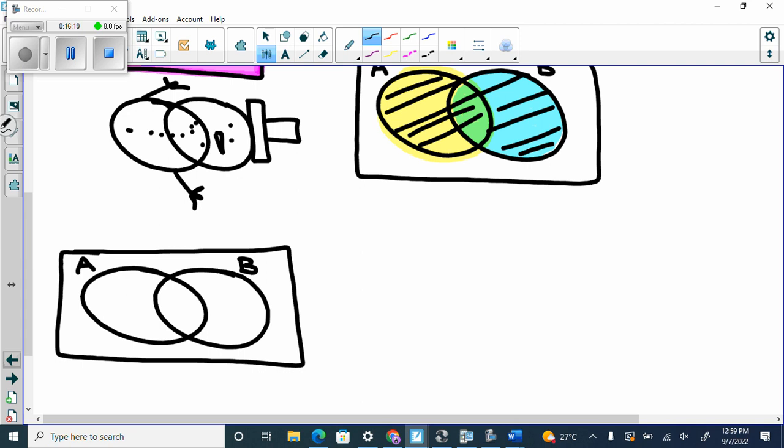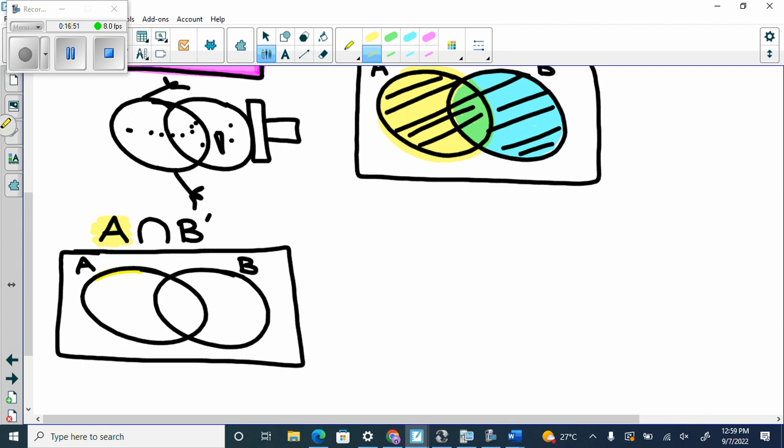We are going to do A and not B. Now you're like, what the heck is that? A and not B. Now, and means where they both are, correct? It's where they both exist. We agree with that statement? So the way I do these is I will shade them separately and then look for the doubled up color. So I'm going to start with yellow first. I'm going to shade A as yellow. Okay?